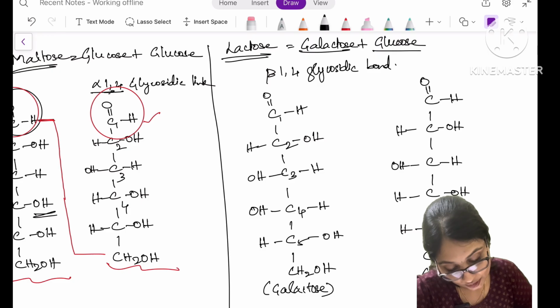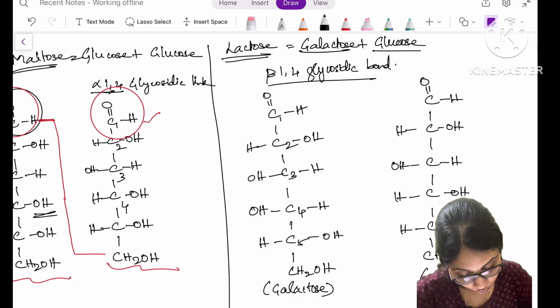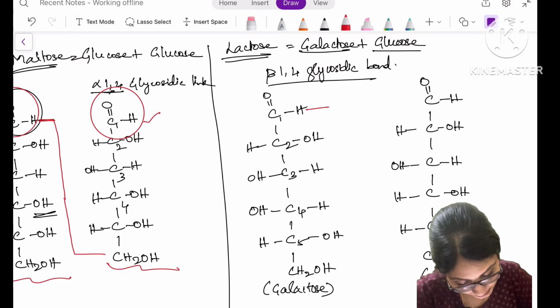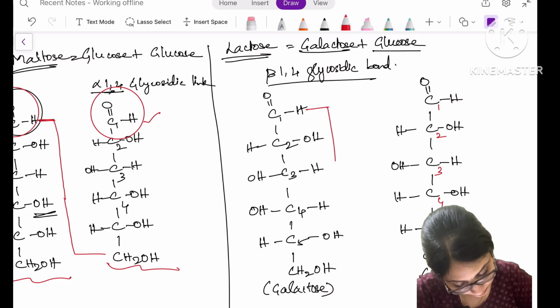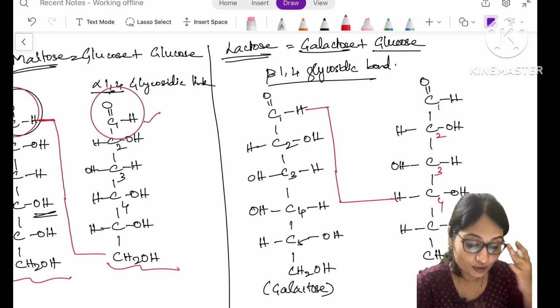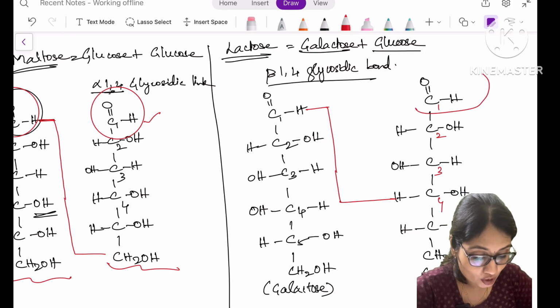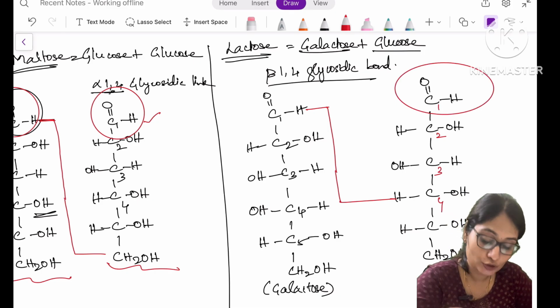The bond involved is beta 1,4 glycosidic bond. 1,4 means the first carbon here and the fourth carbon. So let me number them, 1, 2, 3, 4. So these both are involved in the bond, and again, is this reducing or non-reducing? It is reducing because the CHO functional group is free.